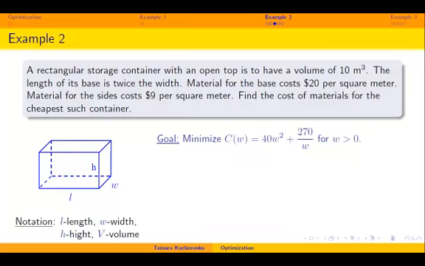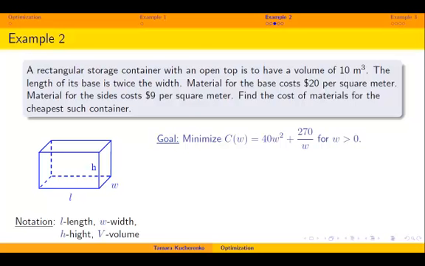We can restate our goal as finding the minimum of C of W equals 40W squared plus 270 over W for W greater than 0.